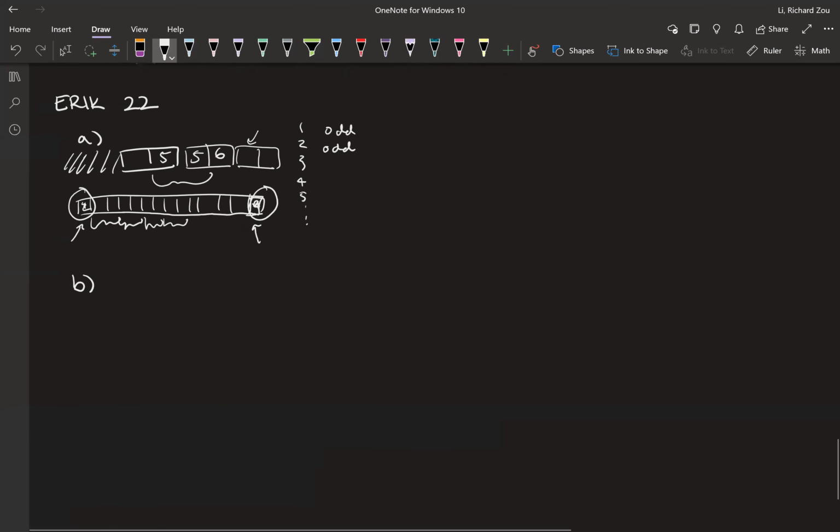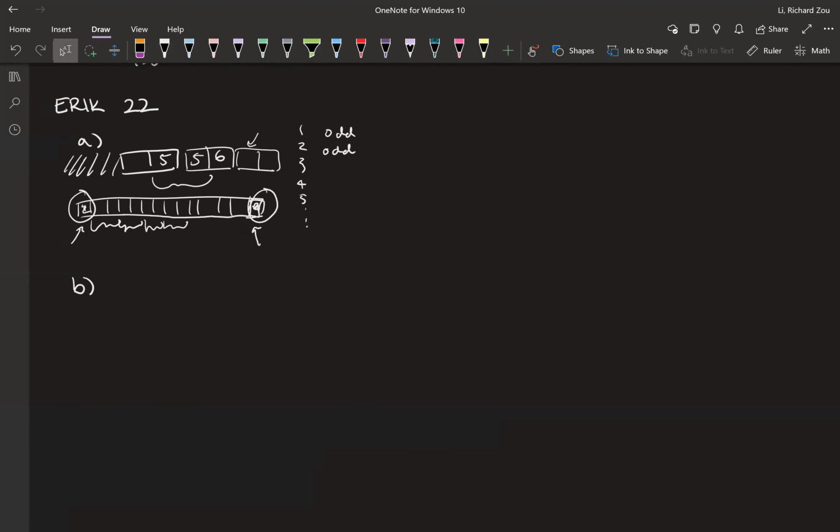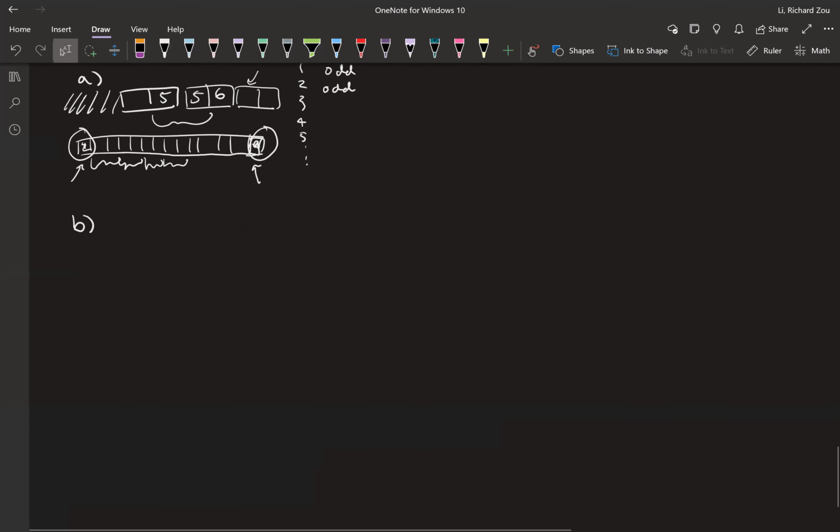So note that matching two dominoes together is almost like a graph, right? If we make a graph where every node is a number from 1 to n, so 1, 2, 3, 4, and so on, we can label the nodes up to n.